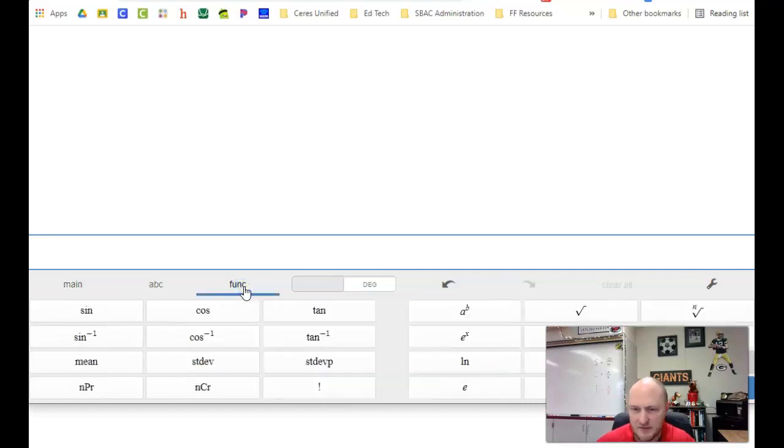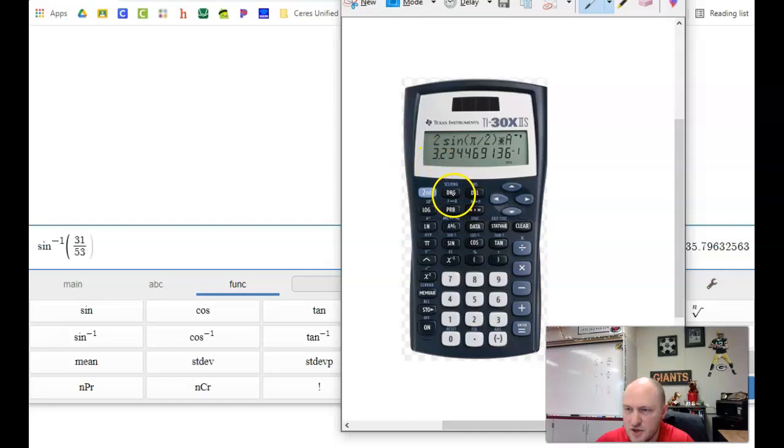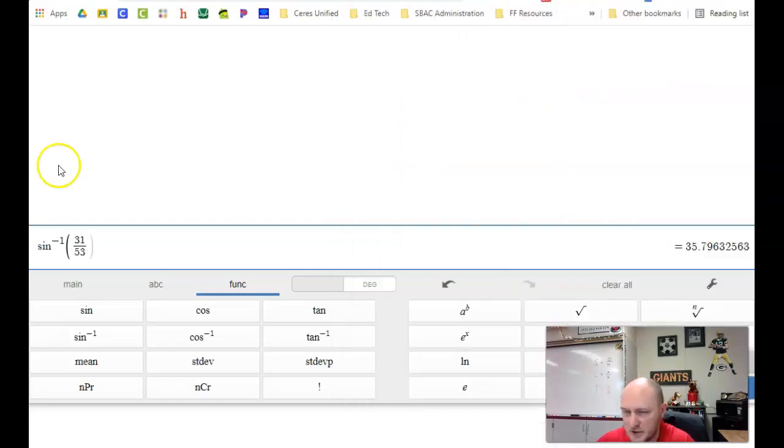So sine inverse of 31 divided by 53. And we're in degrees. Again, double check, make sure you're in degrees. Your screen should say DEG. If it says RAD, you want to hit that DRG button and go over to DEG and hit enter.